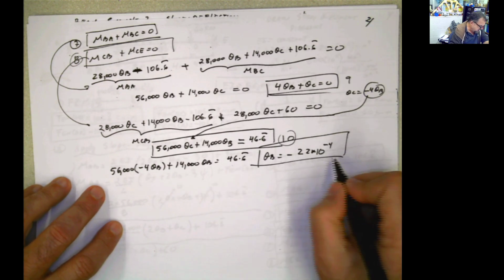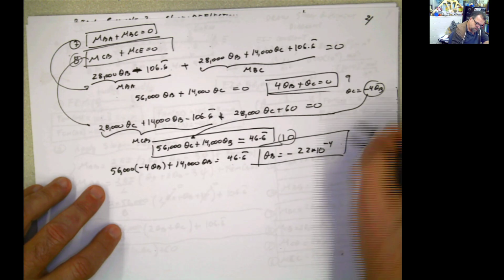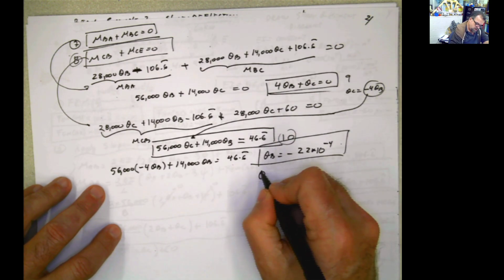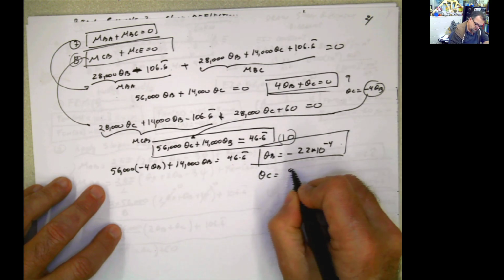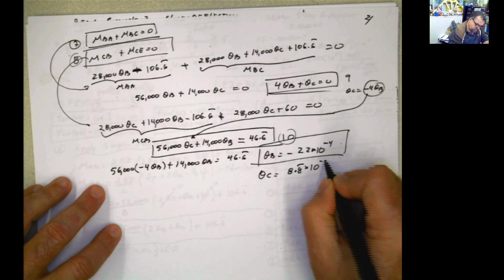Once you have that, you can substitute this into here, and then you can calculate theta C as positive 8.8 times 10 to the negative 4.